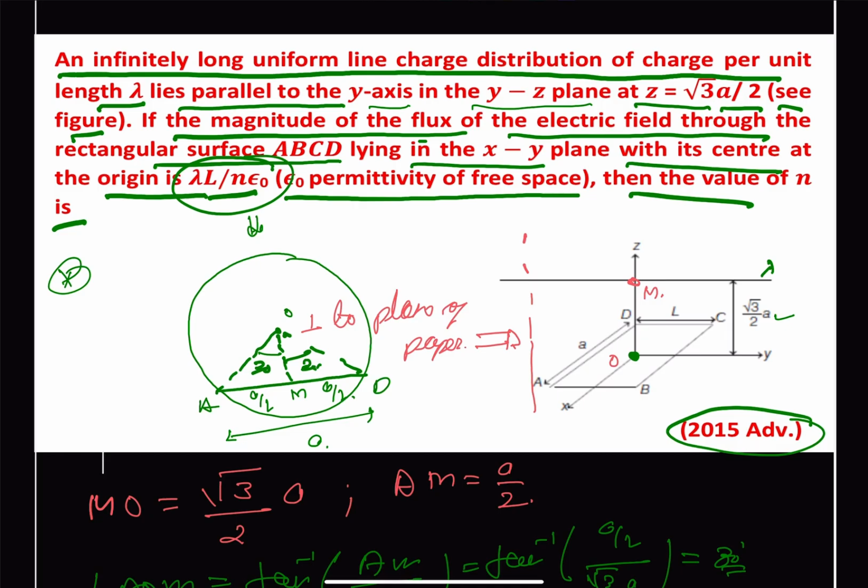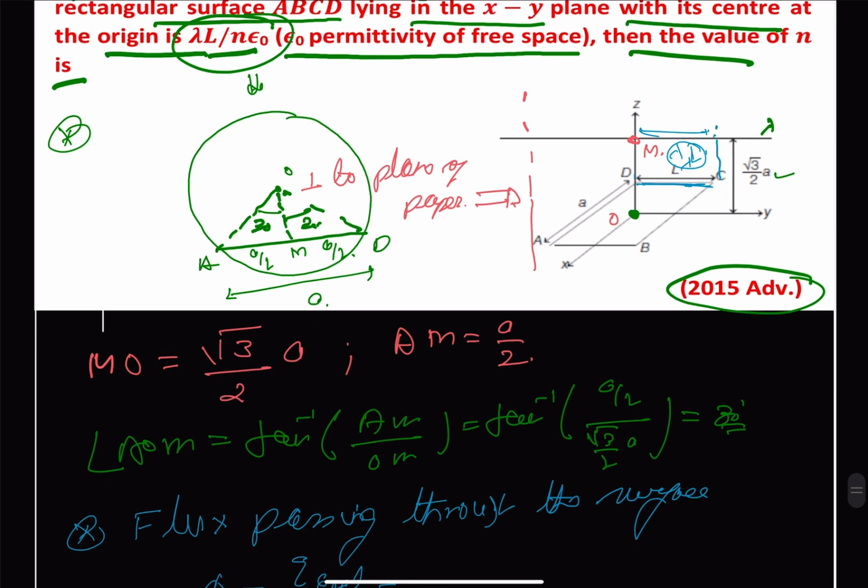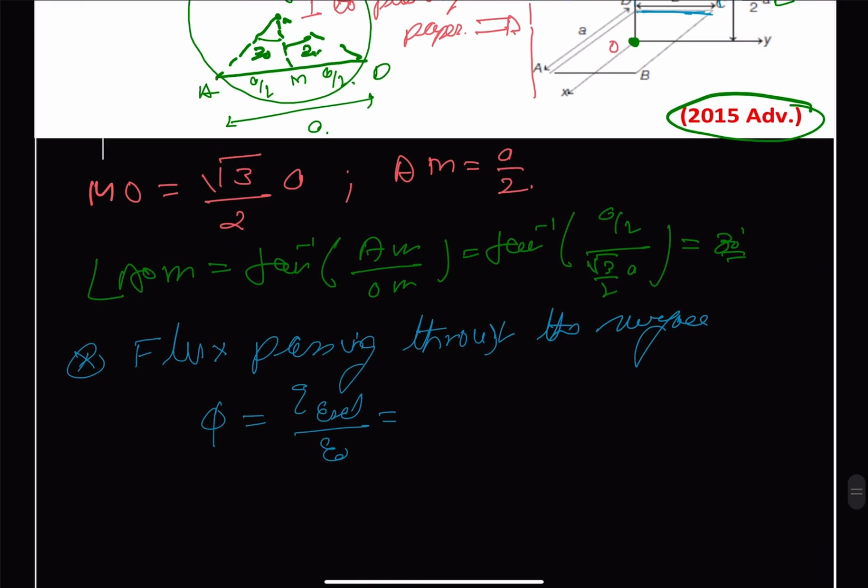We are only interested in the length L, and the charge is in proportion to only this portion. So this charge distribution will be lambda times L. So Q enclosed will be lambda L, and phi is lambda L divided by epsilon naught.